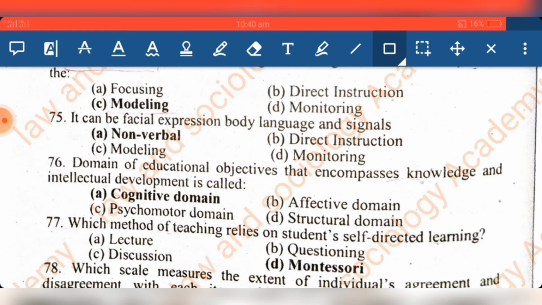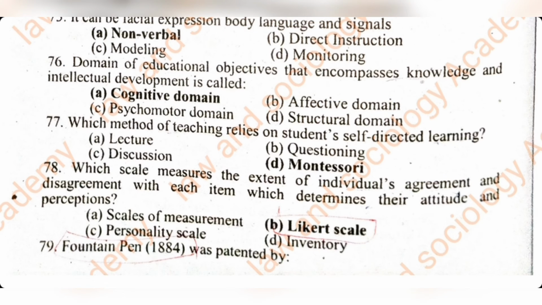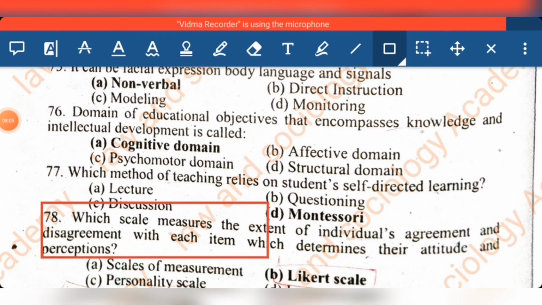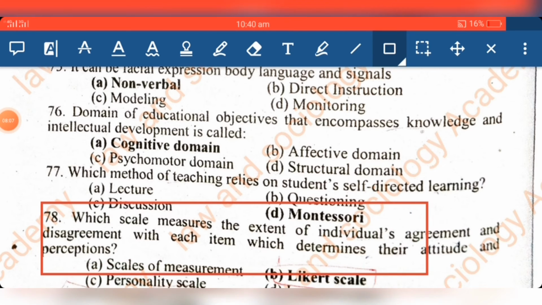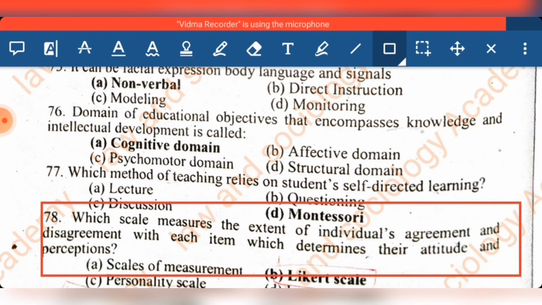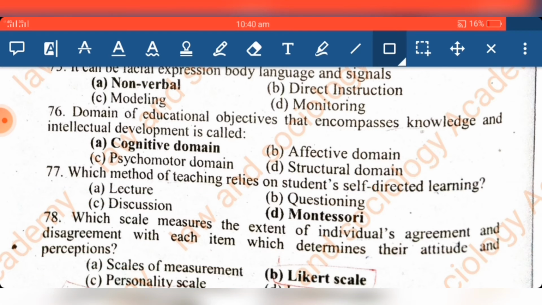Montessori. And which scale measures the extent of individuals' agreement and disagreement with each item, which determines their attitude and perceptions? Likert scale.